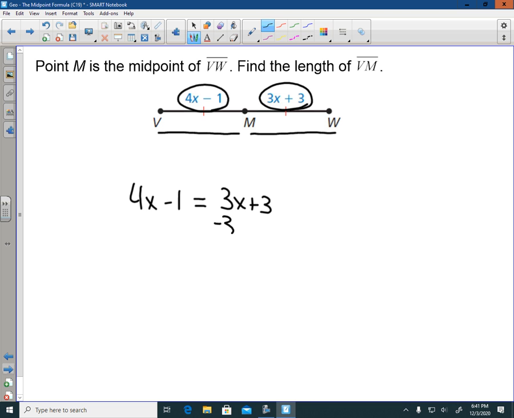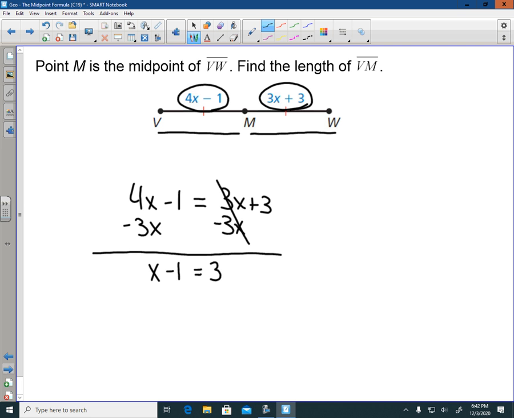The reason why I choose that particular step, even though there are 4 different ways of doing it, is because with a little experience, I know that what that does is cancel my variables from the right side, and I like my variables to be on the left. And so that's why I chose that way. 4x minus 3x's is just 1x minus 1 equals 3, because we canceled the 3x's on that other side.